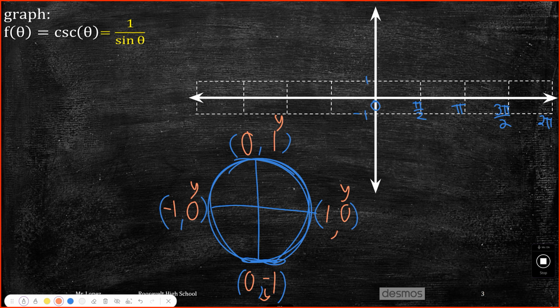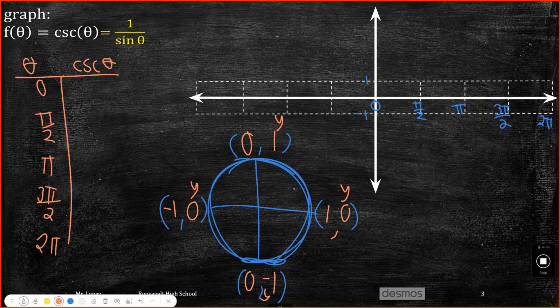So let's do a table of values here. What's cosecant of 0?